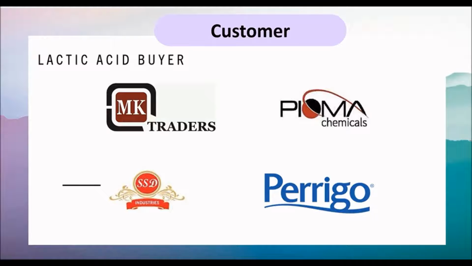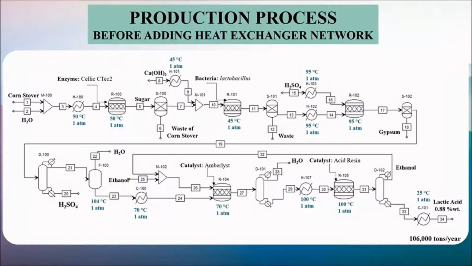On the customer side, there are large and small international companies in Asia, Europe, Americas, and Africa that need to import large quantities of lactic acid, such as MK Traders, Pioneer Chemicals, SSD Industries, and Perigo.